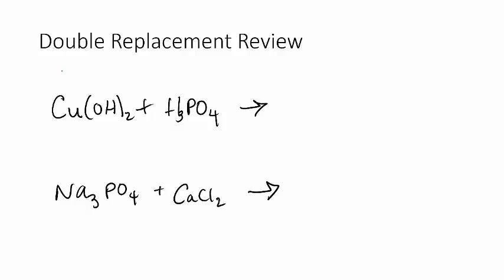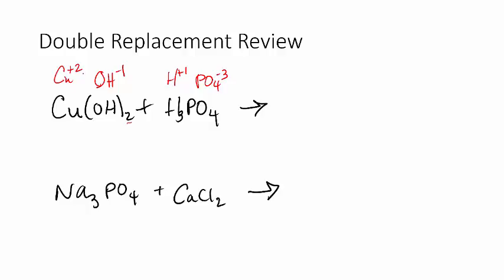So in this case, if you think about what you have, copper, and we know that copper is a +2 charge because of this 2 right here. That 2 came because copper is a +2 charge, and hydroxide is a -1. We can get that from our polyatomic ion sheet. Hydrogen is a +1 and phosphate is -3.